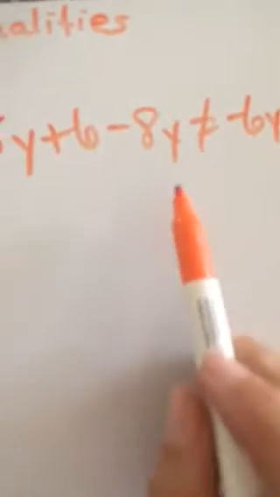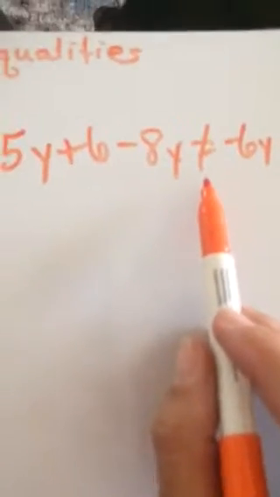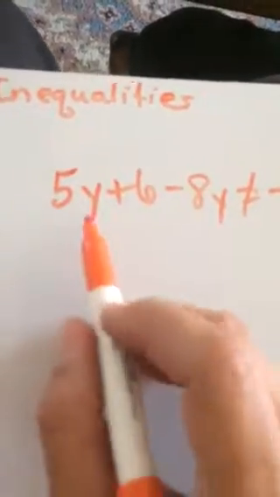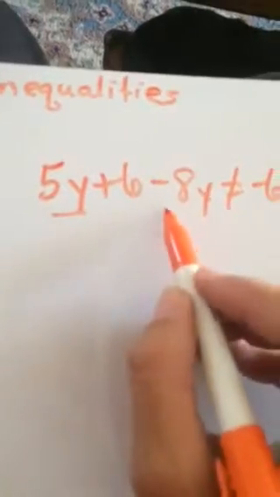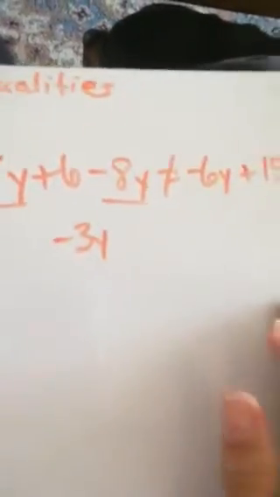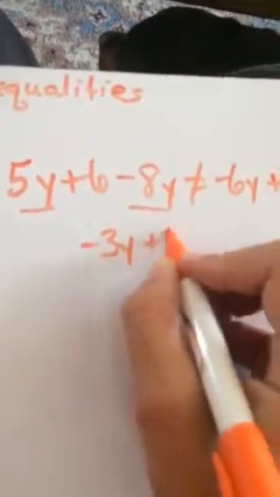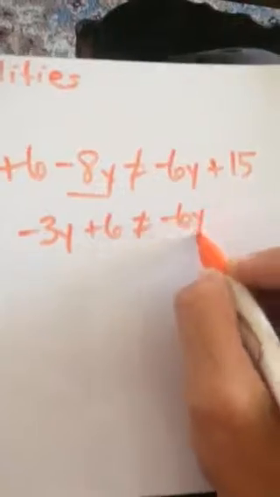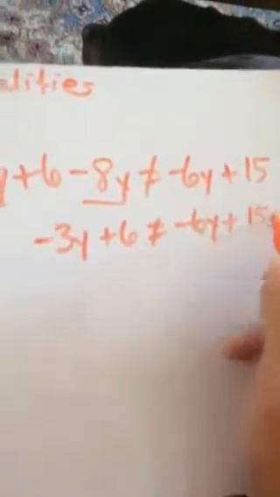Okay, so again, that's another inequality symbol, does not equal. So we're going to, again, combine like terms. We'll start on this side. So 5y and negative 8y is negative 3y plus 6 does not equal negative 6y plus 15.